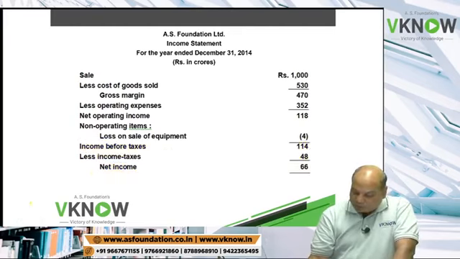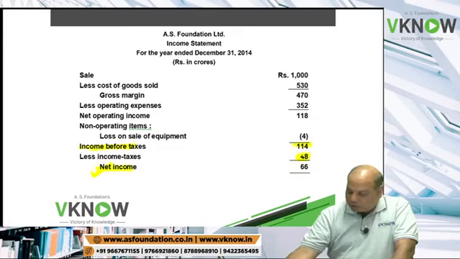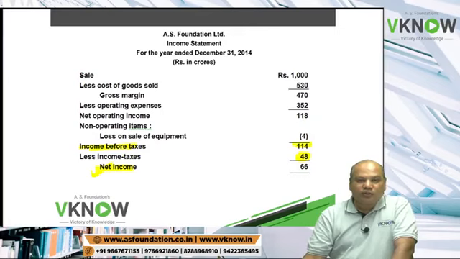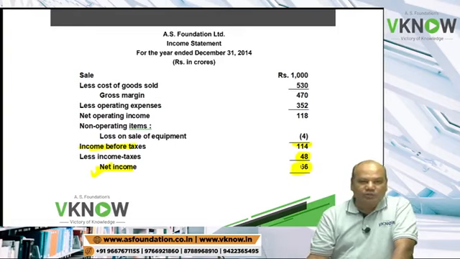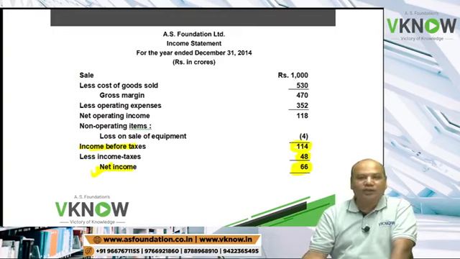So depending upon where you start, you have to decide whether to add income tax provision or not. One more time, if you are starting with 66, add back provision for tax. If you are starting with 114 in the cash flow statement, do not add this income tax provision.